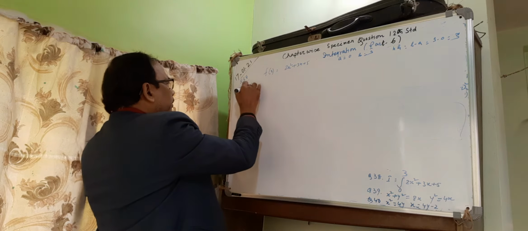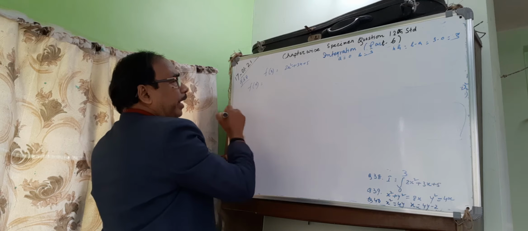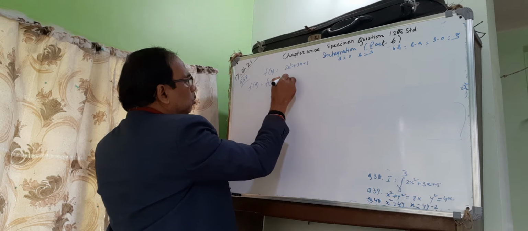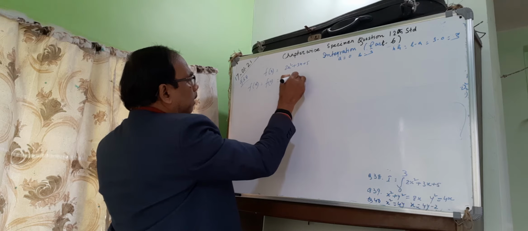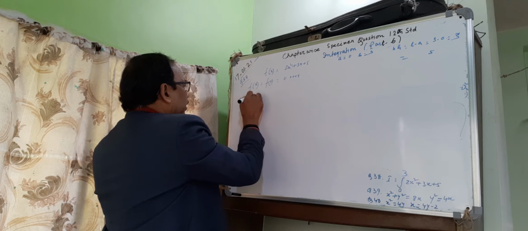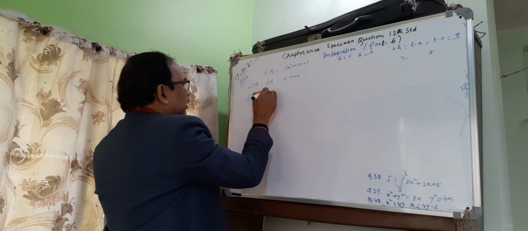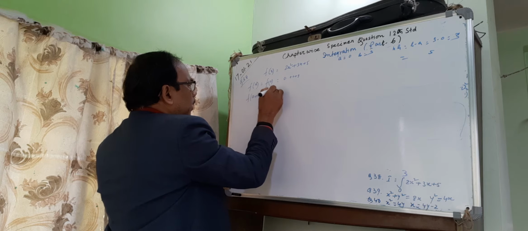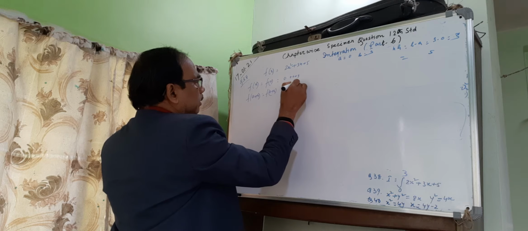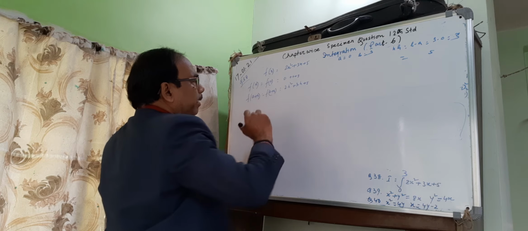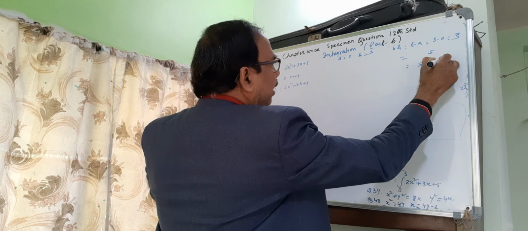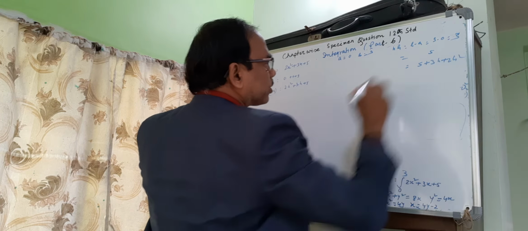Same just like the previous sum, f(a), that is f(0), that is 2 into 0 plus 0 plus 5, so the answer is coming 5. f(a plus h), that is f(0 plus h), put it here, 2 into h square plus 3 into h plus 5, that is 5 plus 3h plus 2h square.